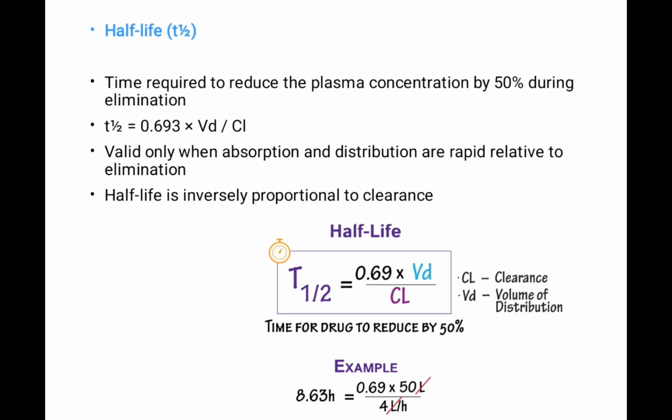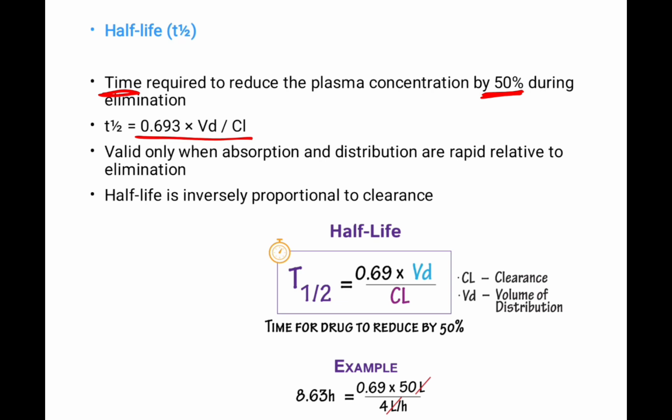Bioavailability. So we have half-life. Half-life is the time required to reduce the plasma concentration of a drug by 50% during elimination. The formula is 0.693 multiplied by volume of distribution divided by clearance.